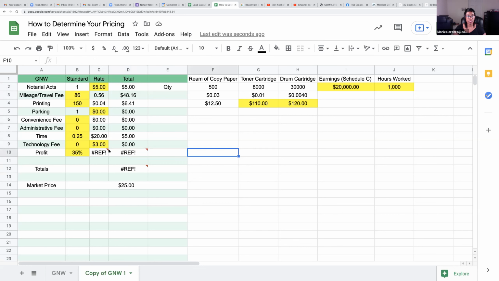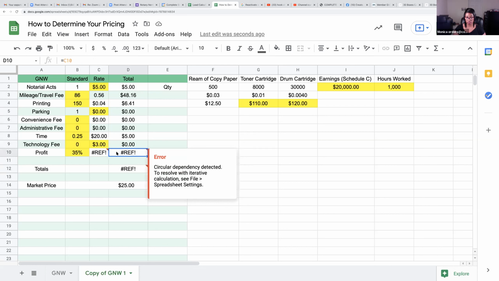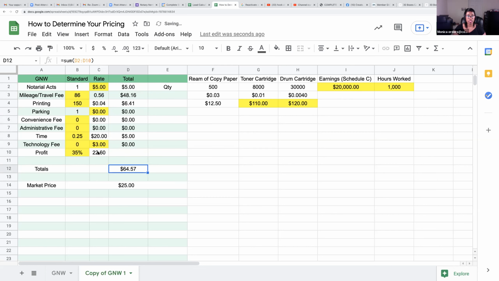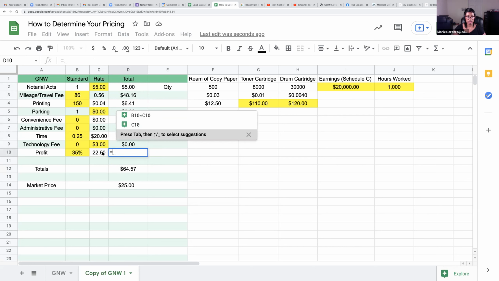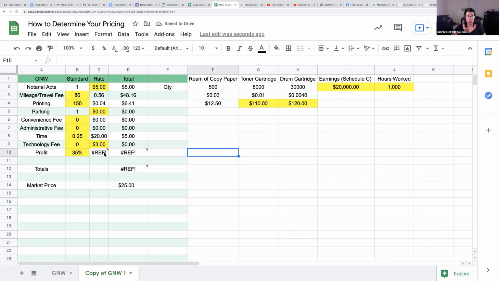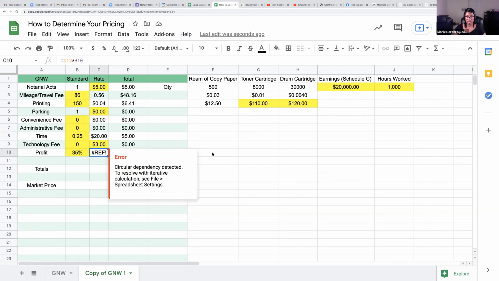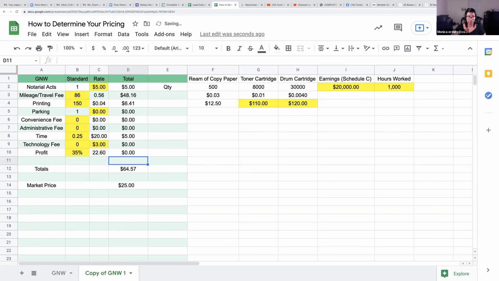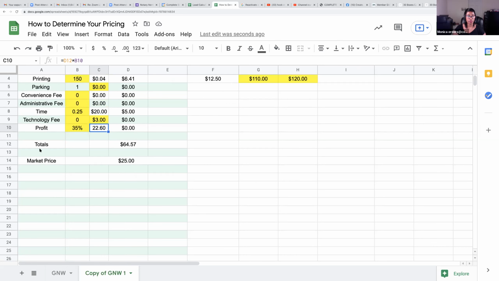That's fine. But I need this to be this. Okay. So we've got this equals this. Let's trick it. Still won't let me do it. So we've got the rate of, let me get this back out of here. All right, so we got a rate established of $22.60. And then we need to add that to, okay, I see what I'll do.